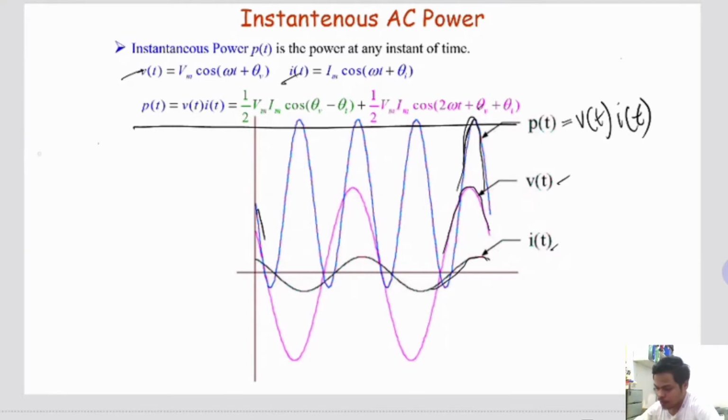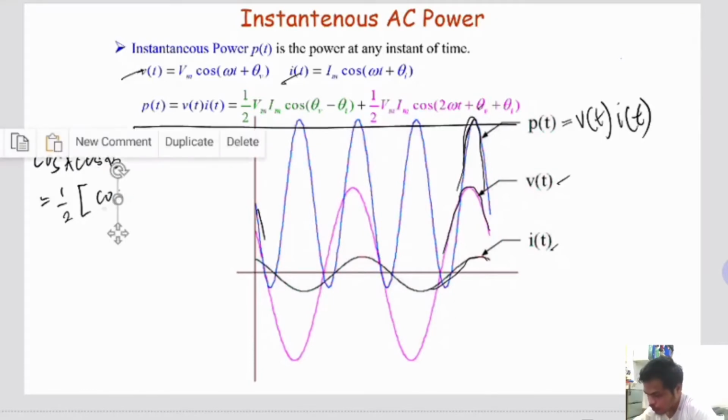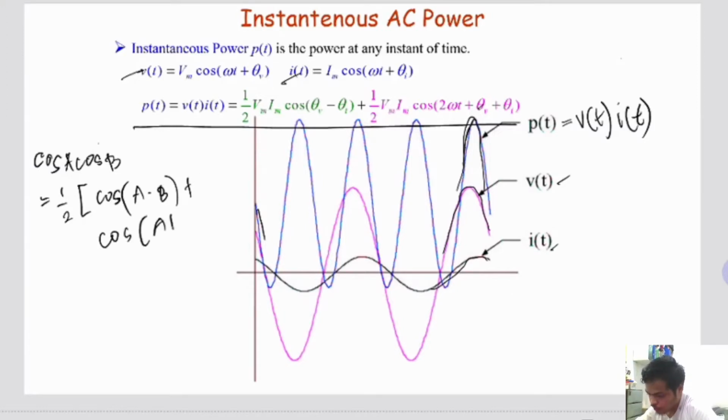As if we take the cosine of two functions, for example, cosine A multiplied by cosine B, that will result to 1/2 of cosine of A minus B plus cosine of A plus B. This is the trigonometric identity for the product of two cosine functions.